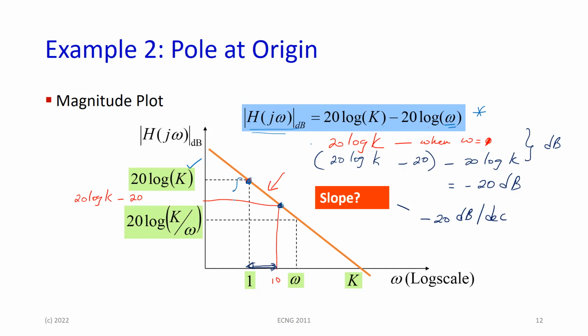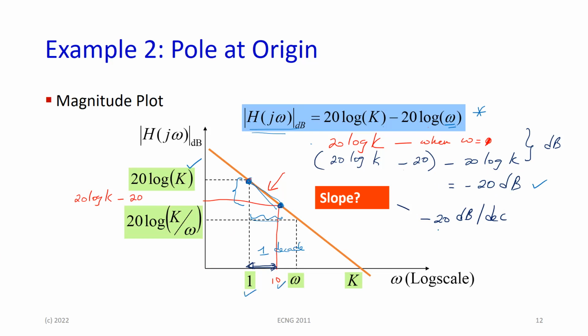The slope is this change over this interval, which is 20 log K minus 20 minus the starting point, which is simply 20 log K. So this vertical interval here is minus 20 decibels, and this horizontal interval here is 1 decade, because this frequency is 10 times this one.